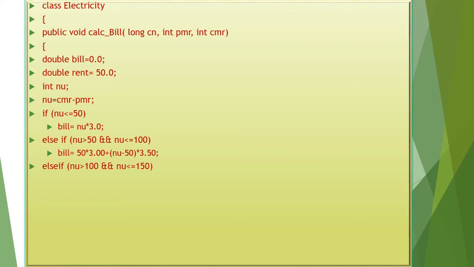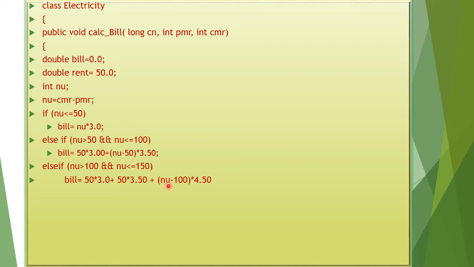Next condition: if the number of units consumed is greater than 100 and less than or equal to 150, that is NU greater than 100 and NU less than or equal to 150, the bill amount is 50 star 3.0 plus next 50 units 50 star 3.50 plus for the units exceeding 100 and up to 150.